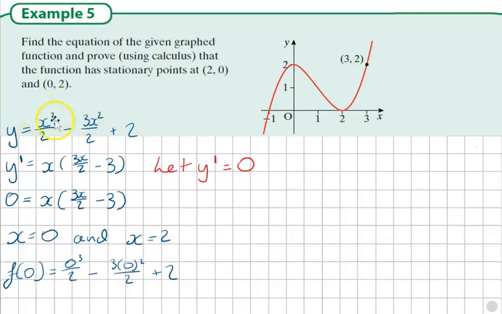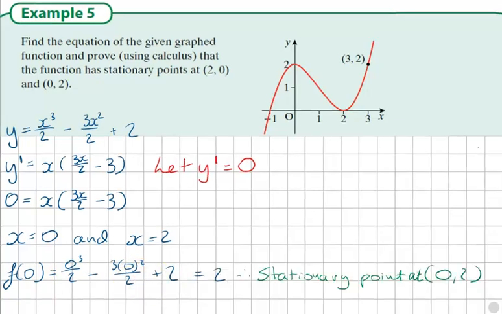So y is equal to x cubed over 2 minus 3x squared over 2 plus 2. And we're going to substitute 0 in place of both of those x's. So f of 0 becomes 0 cubed over 2 minus 3 times 0 squared over 2 plus 2, which equals 2. Therefore, we have a stationary point at 0, 2.